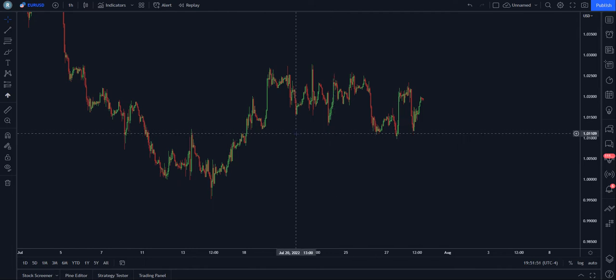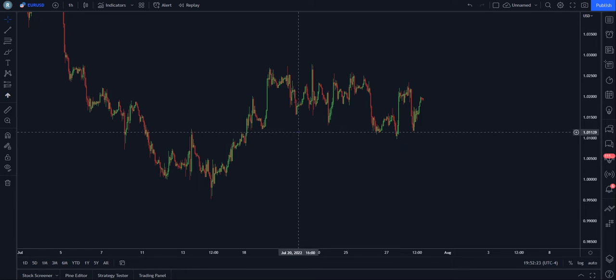I'm Ronald with Indicator Vault, and today we're in TradingView, and we're going to do a trade recap on a couple different pairs that recently happened, specifically this move up here. We're going to go over QM patterns, or what's called Quasimodo patterns.